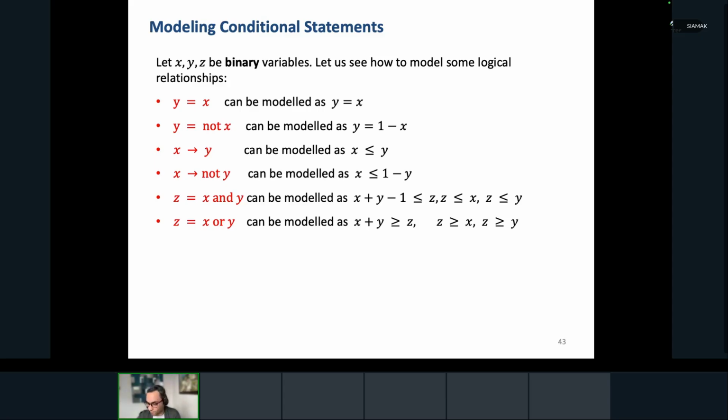So we know that every integer decision variable is continuous, but not the other way around. So if you consider them continuous, you will get integer values at the end of the day. But you're absolutely right.